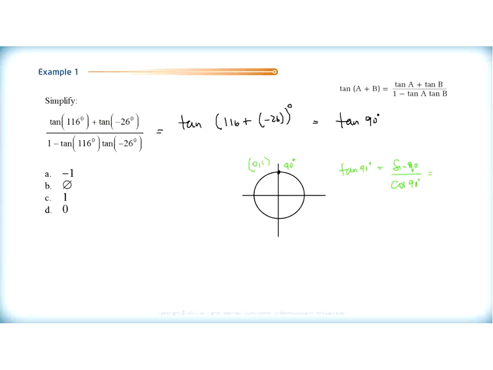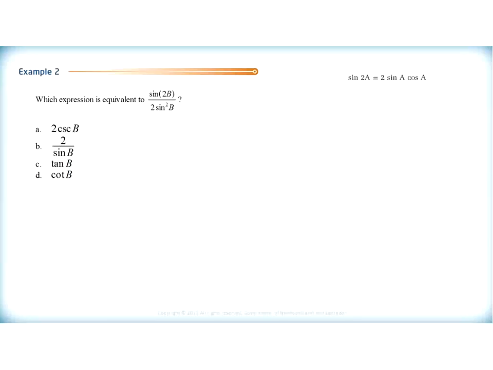The sine of 90 is 1, the cosine of 90 is 0. 1 divided by 0 is undefined. So because it's undefined, the solution is actually the empty set. So the solution to this first equation is the empty set. It's undefined, it doesn't exist. And notice we did use one of our sum identities for tan.